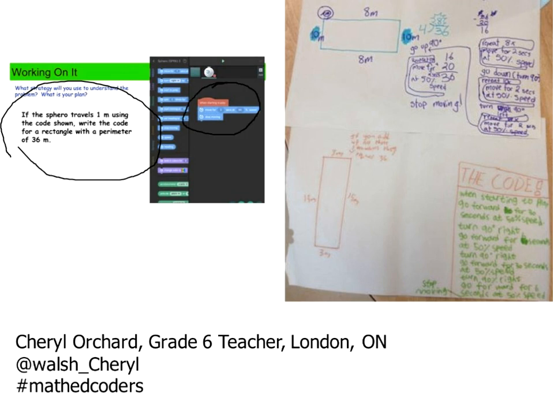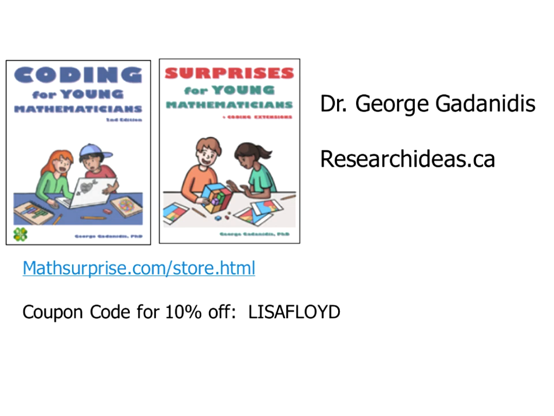She just gave them a screen print of the code. They weren't actually using the Sparrow for this activity. And this was the math learning that went on here. You can see the students really thought their way through to figure out how they could code a rectangle with a perimeter of 36 meters. So it's another idea of something unplugged to get your students thinking.